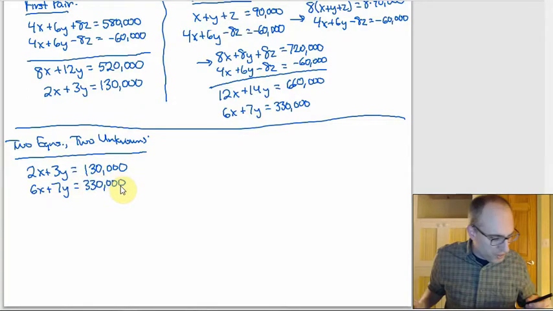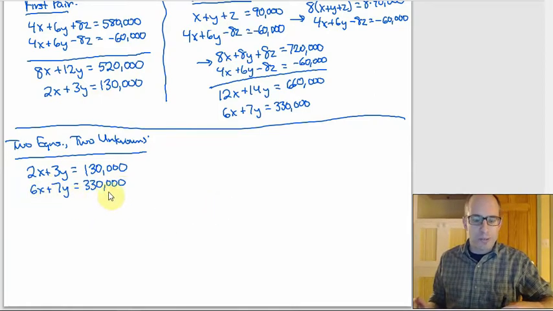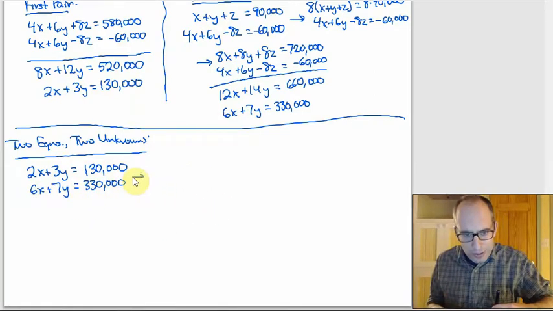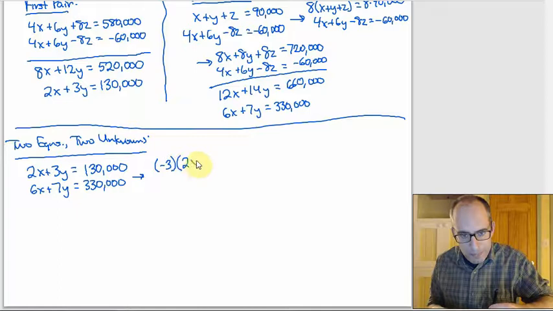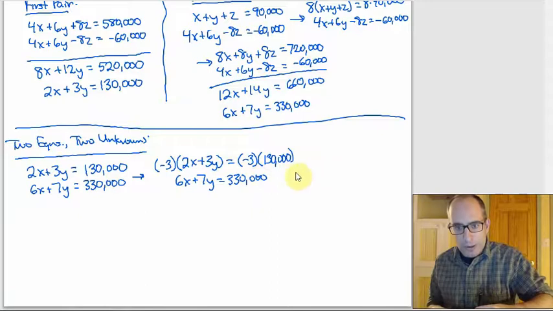It's probably easier to get rid of x since you wouldn't have to adjust the bottom equation to do it. So that's what I'm going to do. Multiply both sides by negative 3, so I get a negative 6x on top. So negative 3 times 2x plus 3y equals negative 3 times 130,000. And then 6x plus 7y equals 330,000.